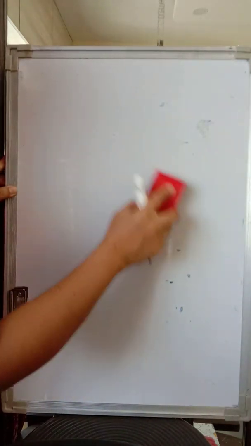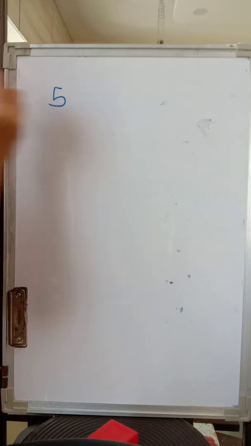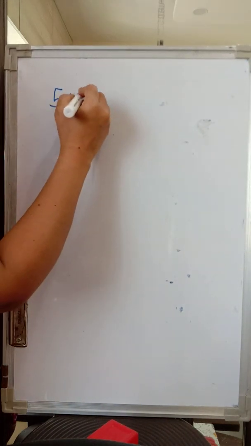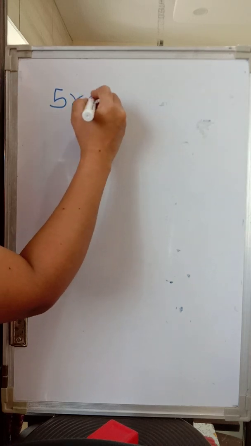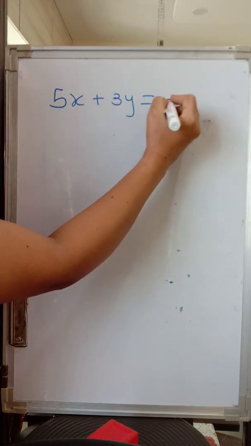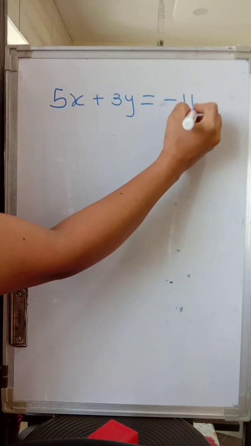Now let me take two equations. The first equation we can write as 5x plus 3y is equal to minus 11.